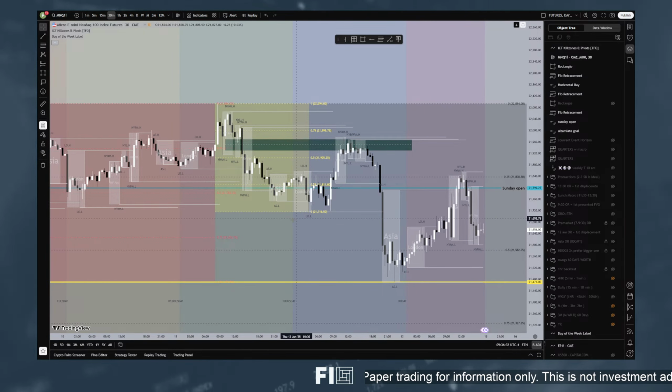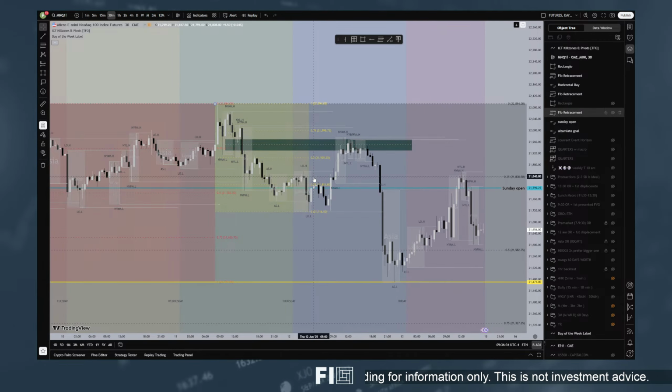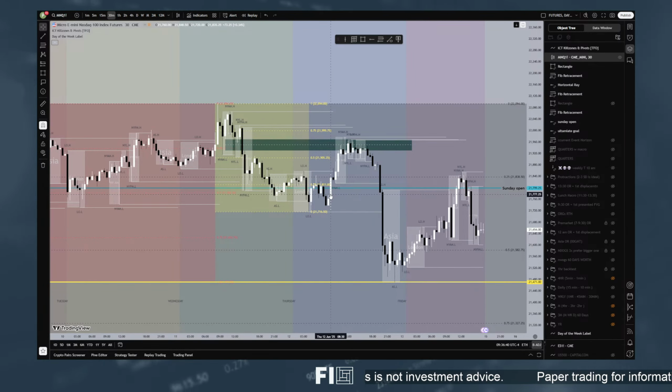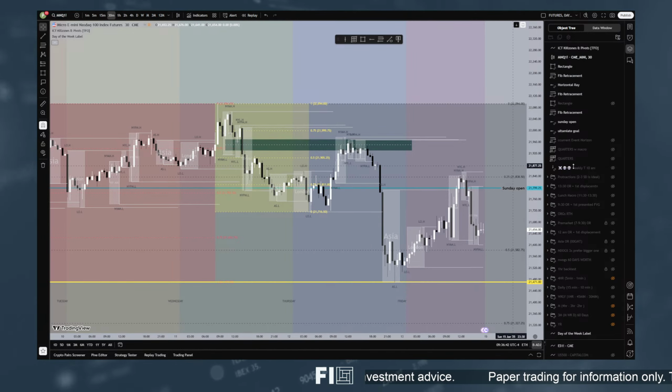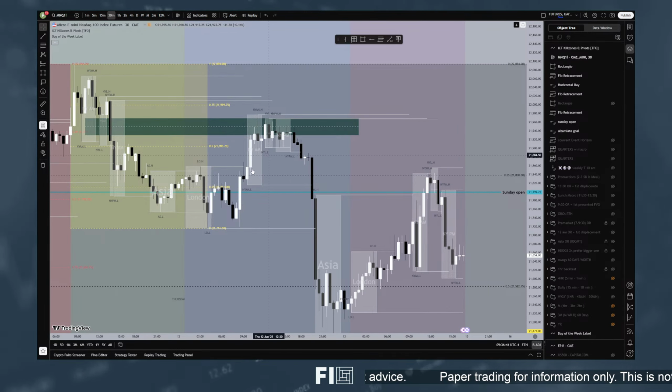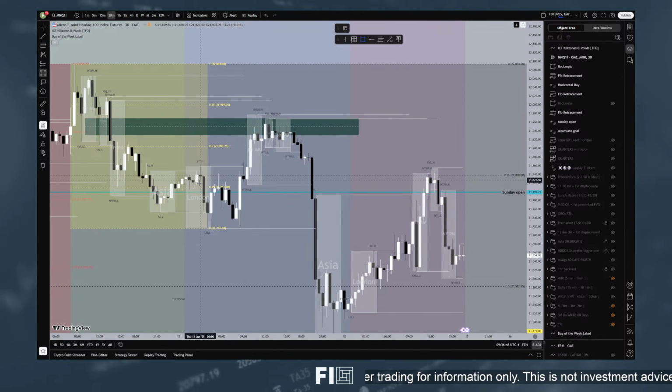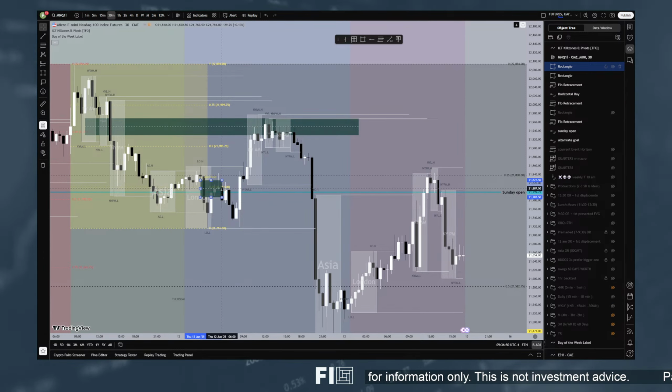So let's see here, London, we got buy side liquidity. Trace down lower, didn't attack that low, priced higher. This is the IFVG or the inverse fair value gap.